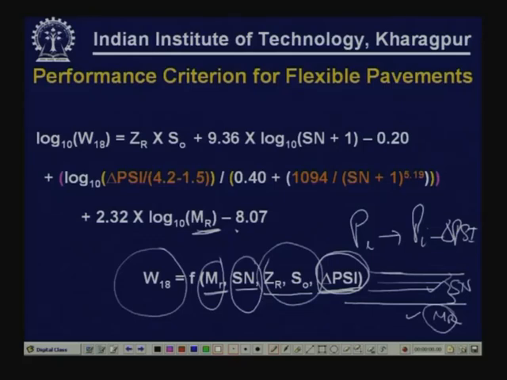So, for a given pavement, the pavement is completely described by the MR value of the foundation and the structural number of the pavement, and this is the loss in serviceability that is going to be there. So, W18 is the corresponding number of load repetitions that can be handled by the pavement satisfactorily.